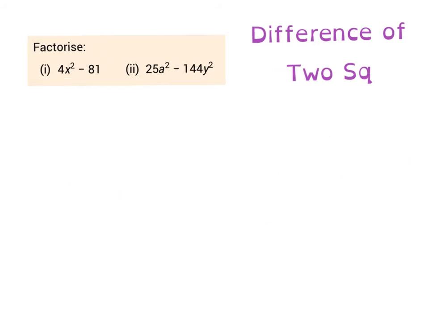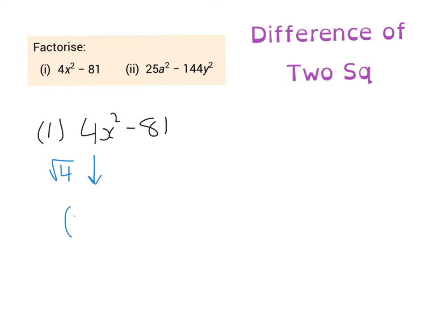In these two examples, we now have a coefficient in front of our variable. So we have 4x squared minus 81, and in part 2, our coefficient is 25. And we're going to now solve using the difference of two squares with these two examples. So part 1, 4x squared minus 81. Again, I write each term as a square. The square root of 4 is 2.